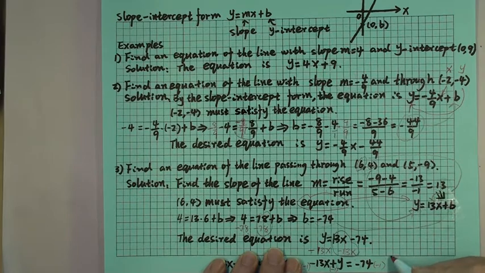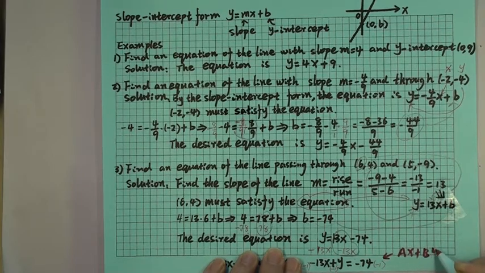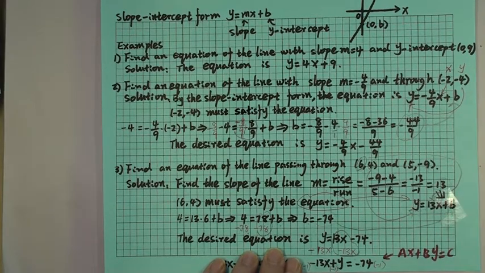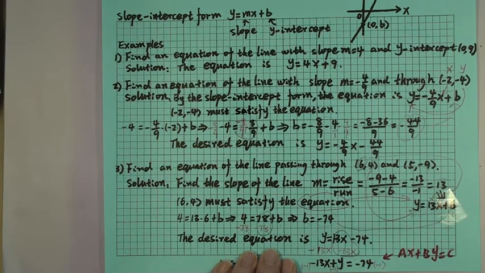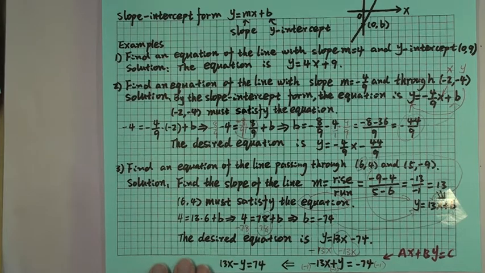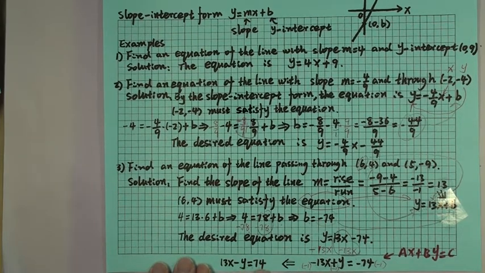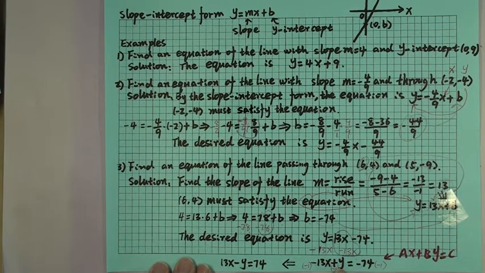And what kind of form is this? This is ax plus by equals c. Okay. If you don't like too many negatives, then you can take this step, and you have the same answer like this. The computer should accept either one of them.